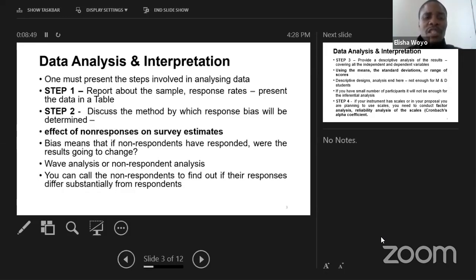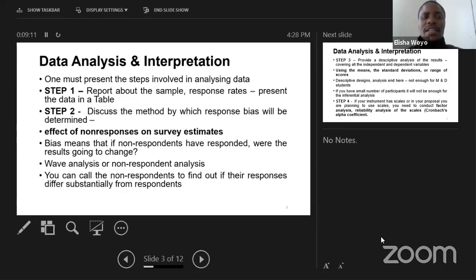Were they going to be different? Were the results going to change substantially? It's critical to know all that. By bias, we are talking about whether, if non-respondents had responded, the results would have changed substantially.